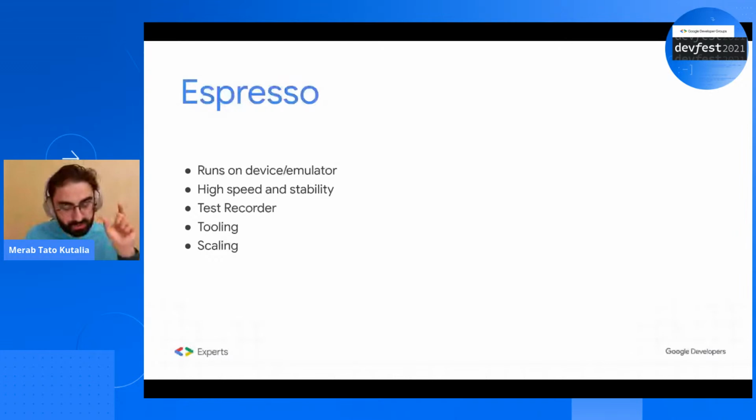So those tests run on a device or emulator. Because of this, we can run tests on various devices and check how our UI and layout look on them, in terms of rotation and also different form factors. But it also means that we can get flaky tests. What do flaky tests mean?